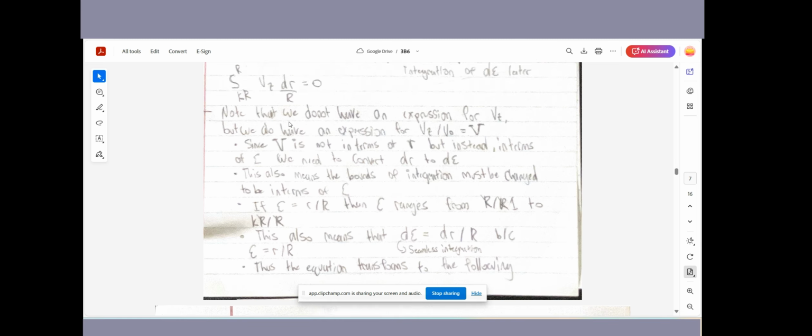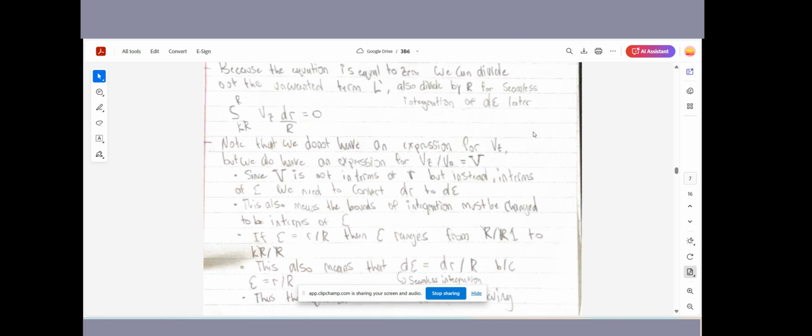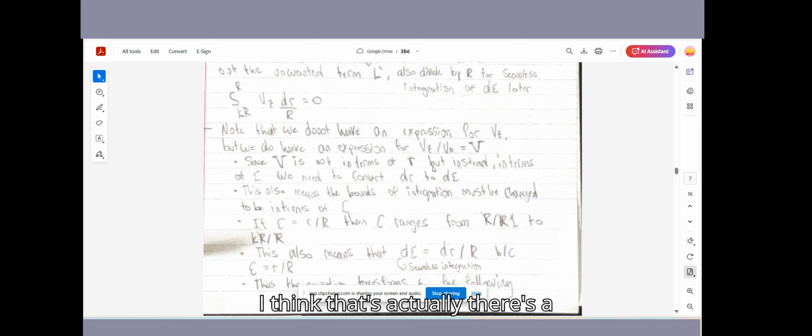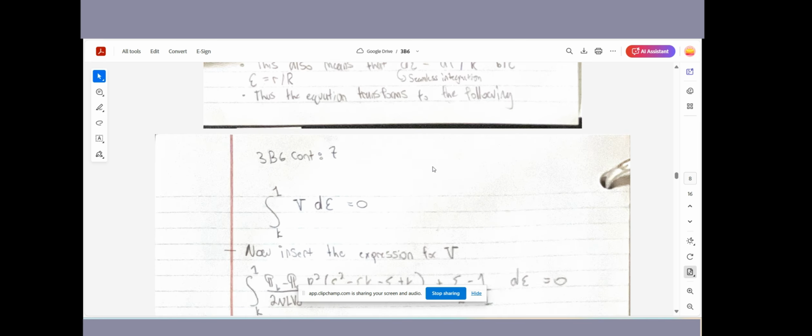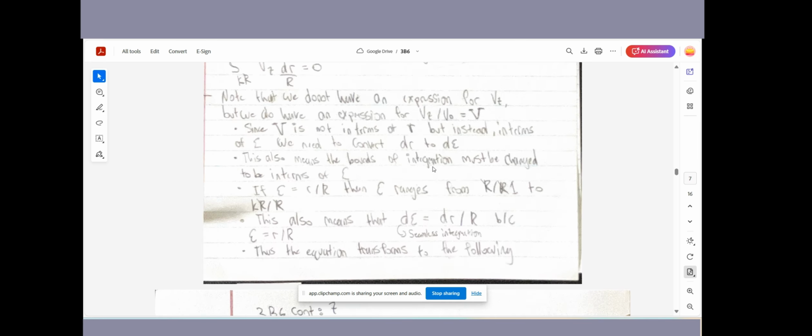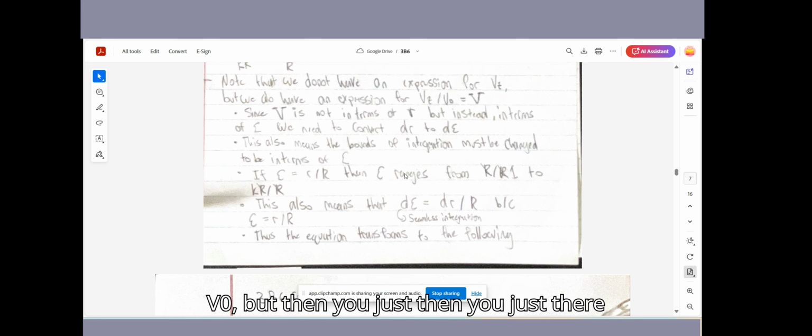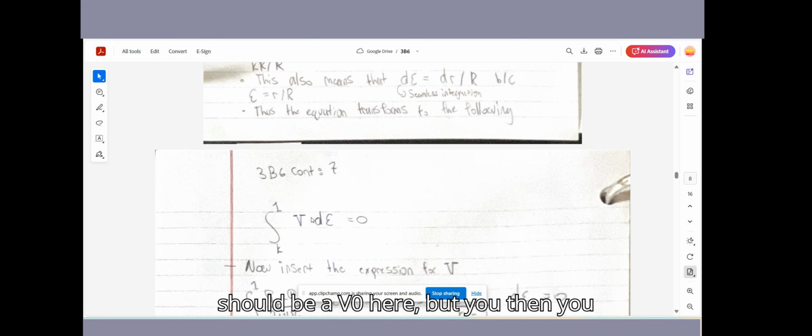Vz equals big V times V0, but then there should be a V0 here, but you just divide it out because V0 is a fixed value.